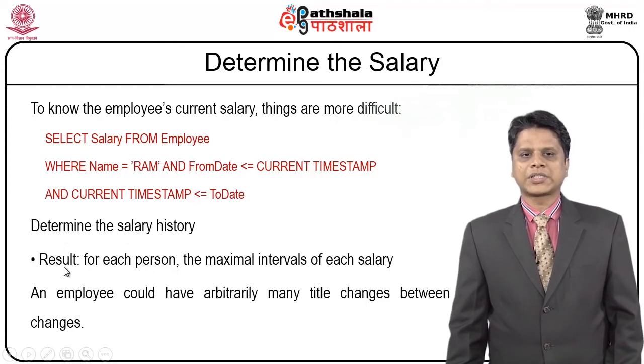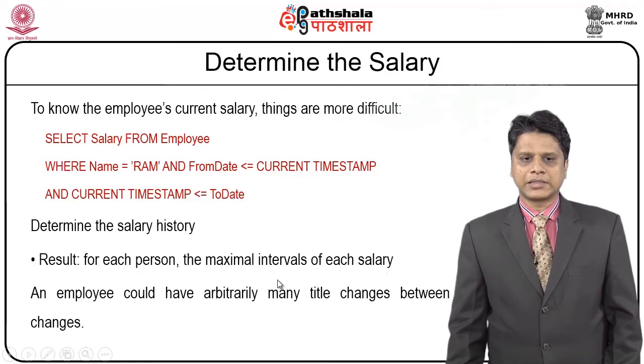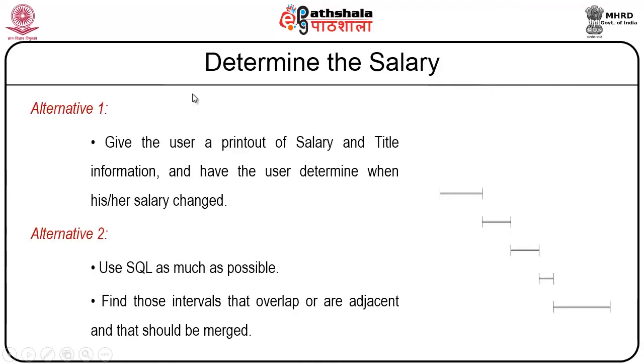The result of this specific SQL query would be, for each person, the maximum intervals of salary will be considered. An employee could have arbitrarily many title changes between salary changes. But the determination of salary can be thought of from different perspectives. One alternative is to give the user a printout of salary and title information and have the user determine when his salary has changed.